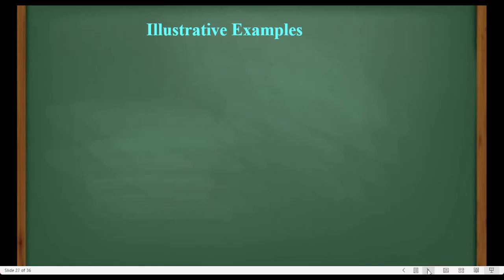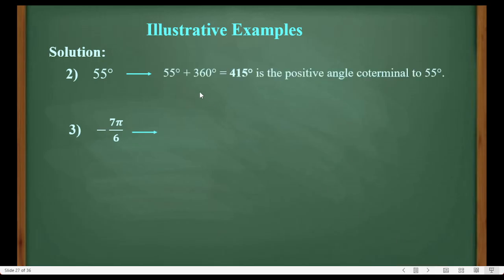Next, number 2, 55 degrees. For our solution, 55 added to 360 degrees gives us 415 degrees, which is the positive angle coterminal to 55.